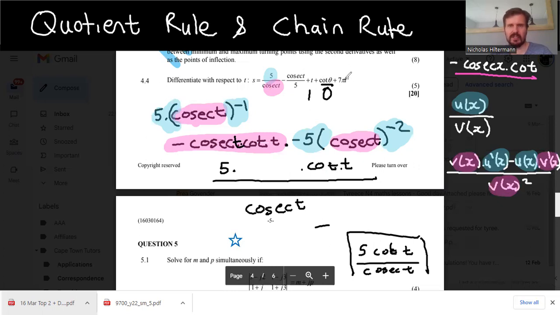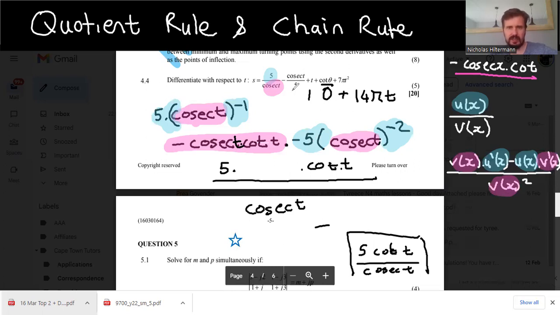And then 7 pi is just a number, because pi is just 3 point something. So this is like saying 7 times, say, 3, which is 21. So all you do is the power rule for this one. 2 times 7 is 14 pi. That's just a number, t, and then take 1 off the 2, and you get 1.